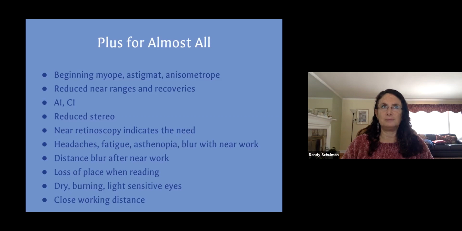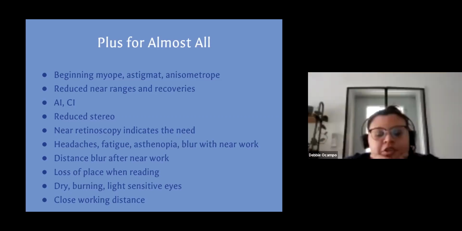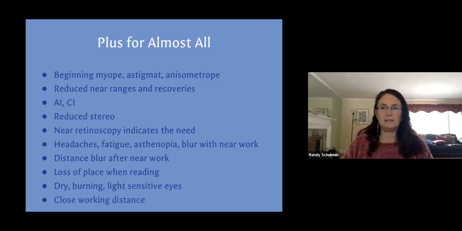Why would plus help? To reduce the stimulus to accommodate for near. Exactly. And when you reduce the stimulus for accommodation, what happens? You relax the accommodation, but then you actually have to converge to be able to see the target.